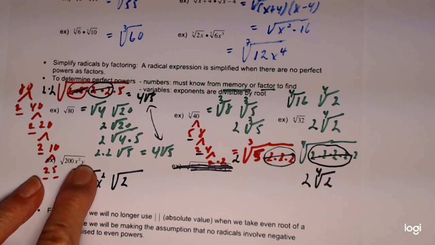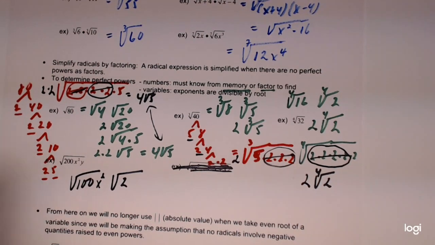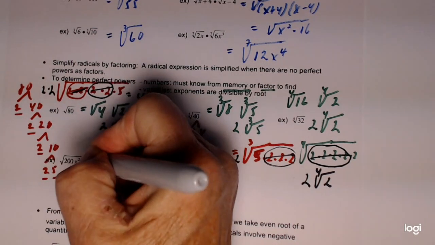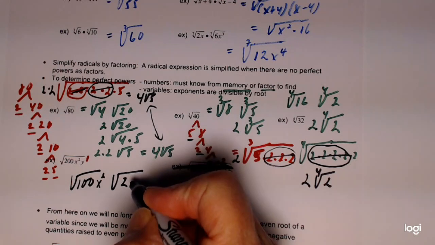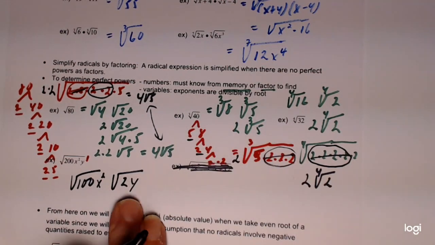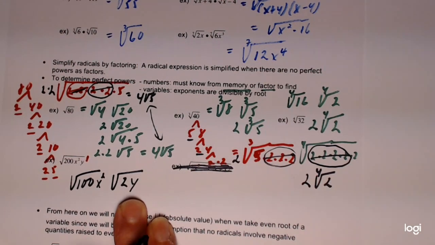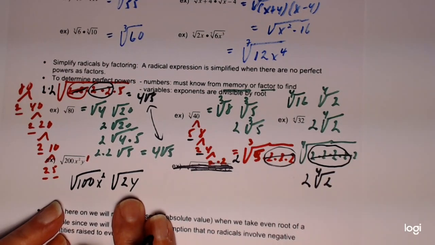Moving on to the y, that exponent of y, the invisible 1, let me write it in, and 1 divided by 2, that's going to give us a fraction. We can't divide it evenly, so y is not a perfect square, so I'm going to put it in this back radical here. That will just continue to sit in the radical because there's no perfect squares.